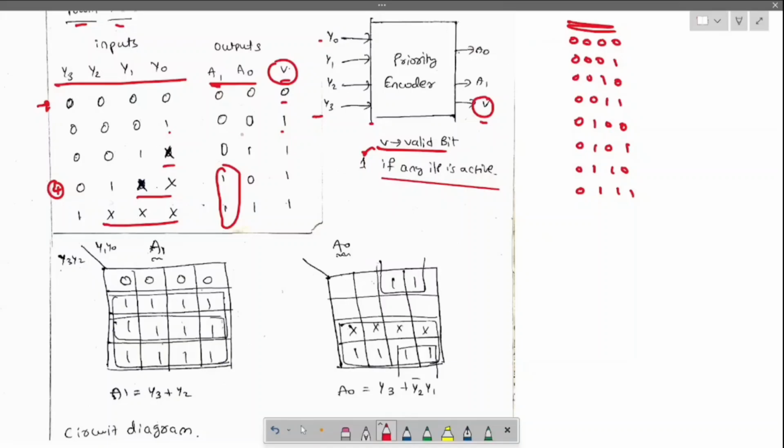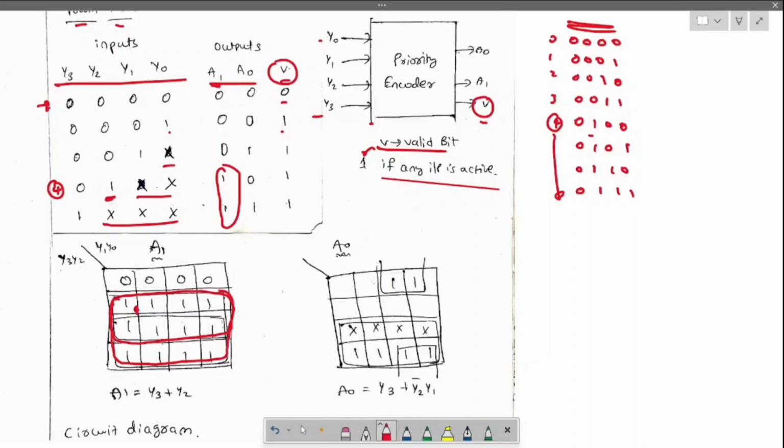When we extend, the truth table will be like 0 1 2 3. Let us write it like this. From 4 onwards it starts, where a1 is 1, right? From 4 all are ones, so that's why the K-map is like this.